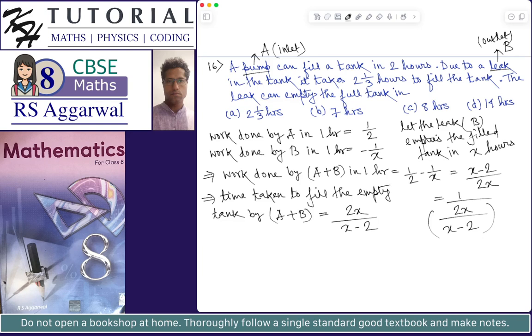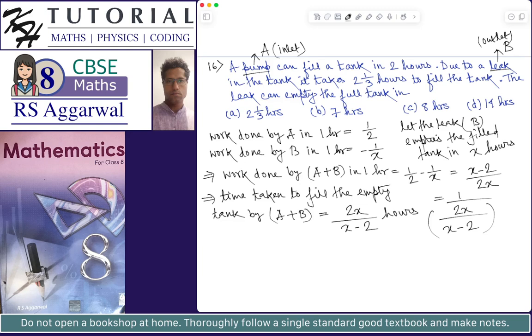So applying that concept in this problem, we have the work done by A plus B in 1 hour is 1 by (2x by (x minus 2)), which must be positive. So the whole tank will be filled by A plus B in 2x by (x minus 2) hours. Here A is the pump and B is the leak in the tank.